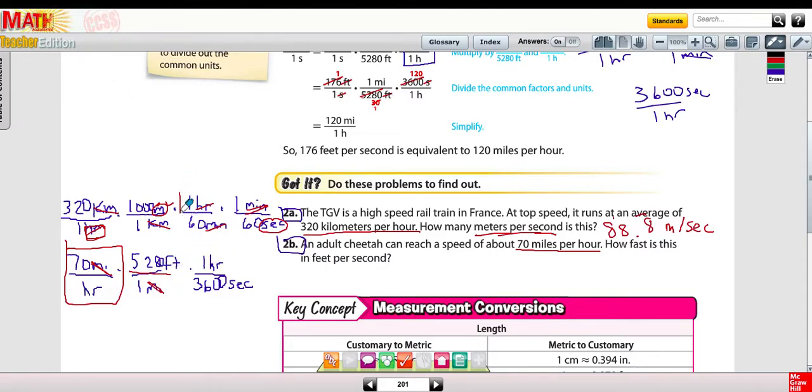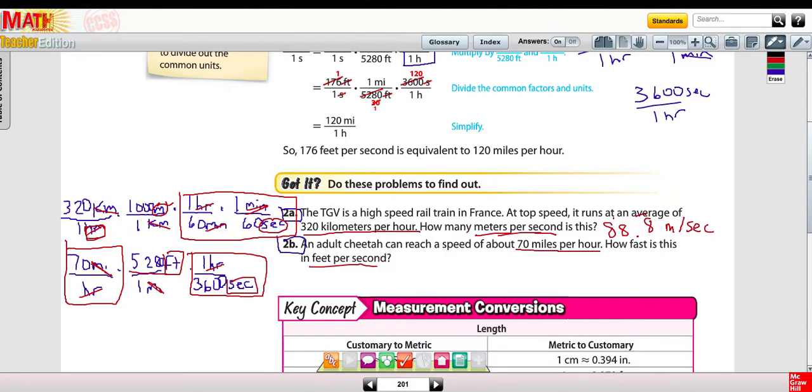And in the first problem, I used 2 conversions, but in this problem, I just put 1 hour is 3,600 seconds. And again, there's a reason why I put the hour on top, so that it could cancel out the hour in the denominator. And I'm left with feet and seconds, which is what my question is asking for.